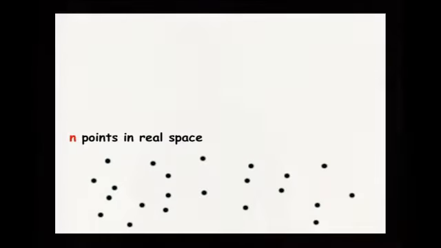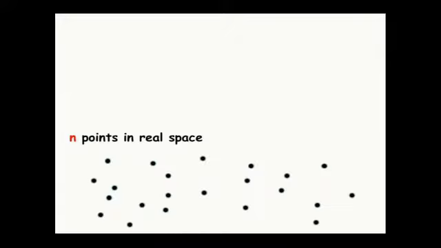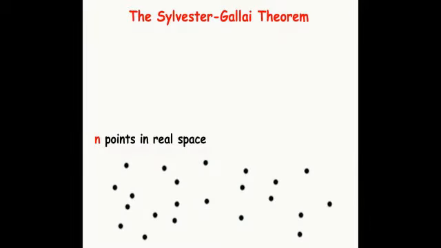So suppose you have points in space, and now you look at all lines through them. Just pass all lines that go through at least two of them. I call what I'm going to tell you the Sylvester-Gallai Theorem, but actually it shouldn't be called that, because Sylvester is one of the people who conjectured it, and Gallai is one of the people who proved it.